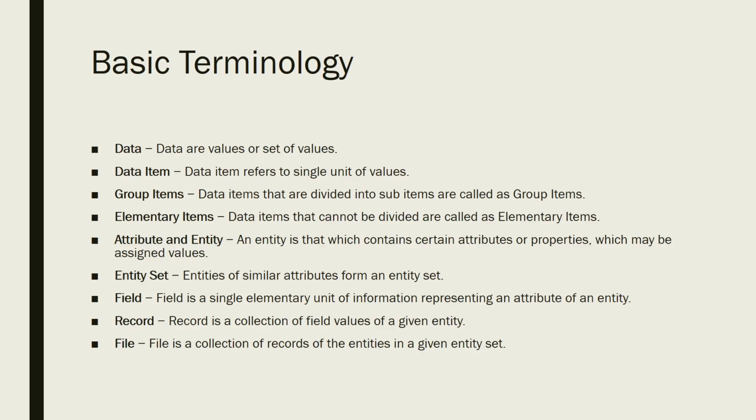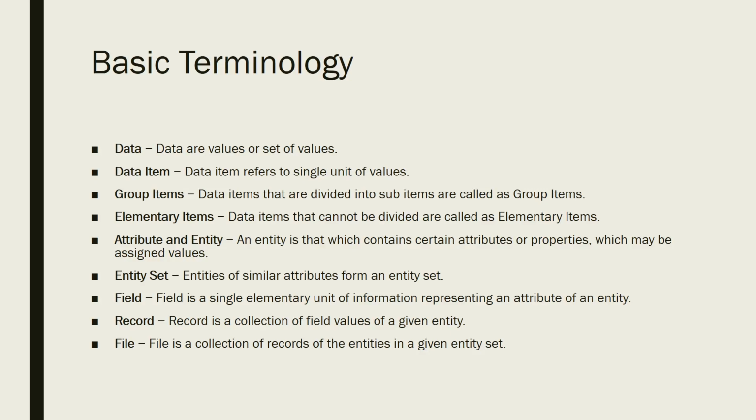Attribute and entity, this is very familiar to you. An entity is something that contains certain attributes or properties which may be assigned values. This can be found in OOP.